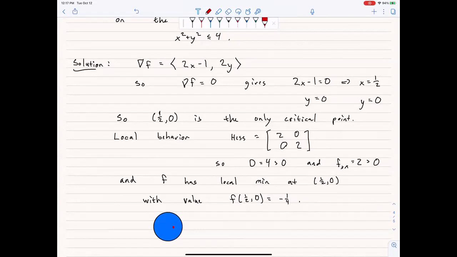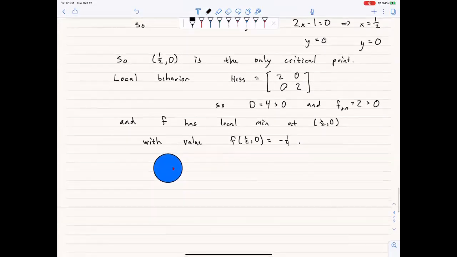So let's parametrize that boundary. Parametrizing gives r of theta equaling (2 cosine theta, 2 sine theta). And now here, theta is also on a closed interval from 0 to 2 pi.